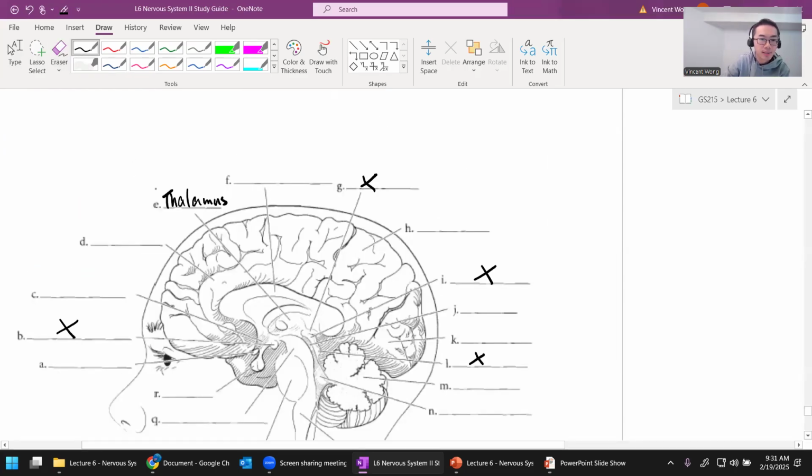Let's put some quick description here. It's the relay center for sensory input, except smell, right? Except smell. So that's the thalamus.